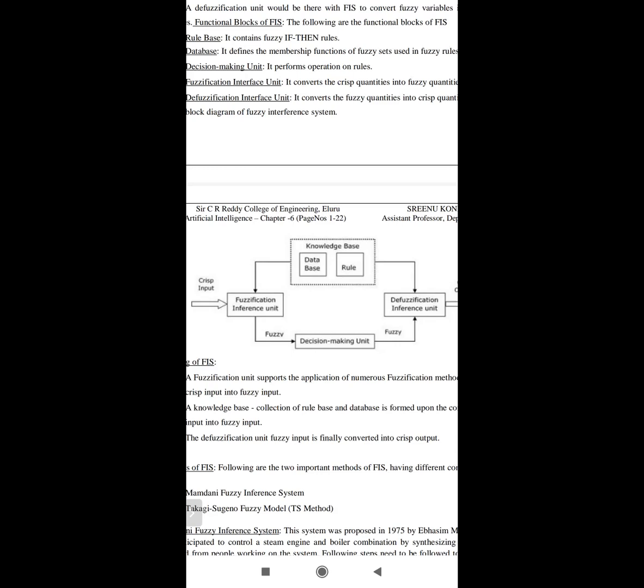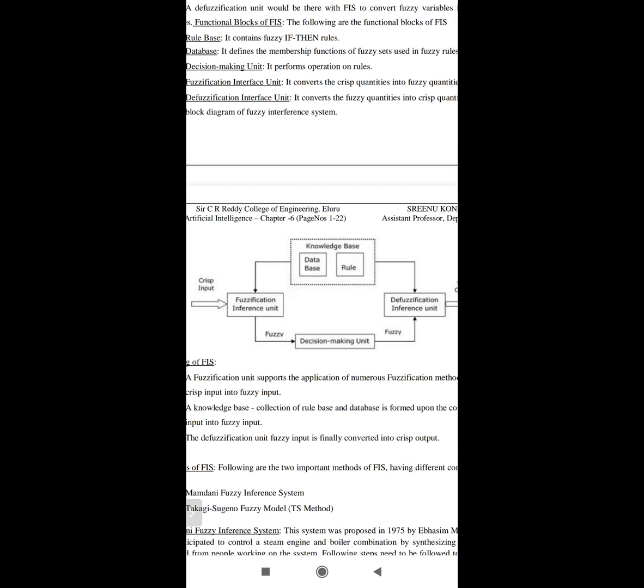The fuzzy inference unit is used to take the input from the user. Next, it considers all the rules that are to be applied, and also the membership functions. It takes the membership functions from the database and rules from the rule base, and gives the input along with these membership functions and rules to the decision making unit.